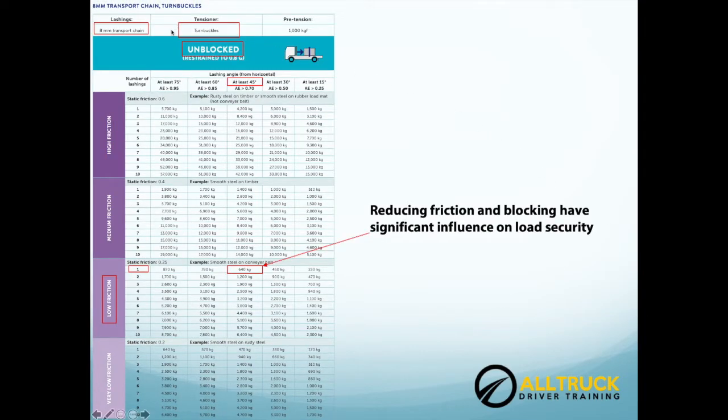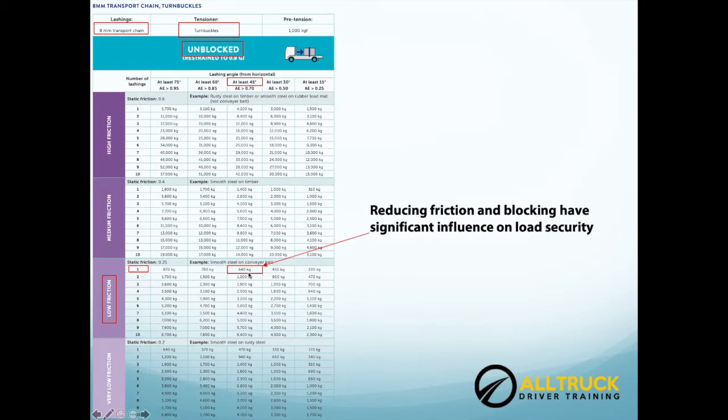However, look what happens when we change some of the factors. So we still have 8mm chain turnbuckle. We still have the same lashing angle of 45 degrees, but we've got rid of the load mat, and say for example, I've got rid of those pallets. So I've now got an unblocked context. Same one chain. The value is 640.